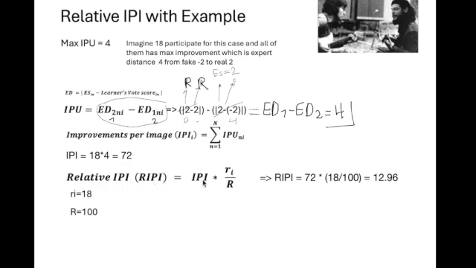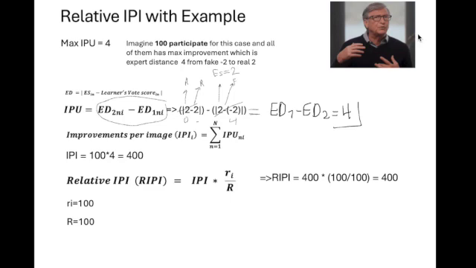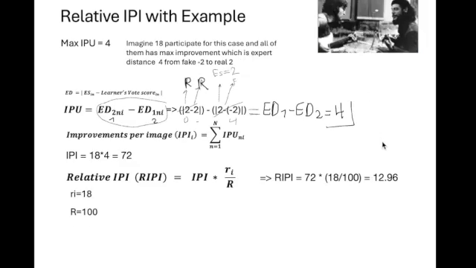For relative improvement, we divide the number of participants for these cases by the maximum participants for a specific case. For example, in this example, Bill Gates has the maximum participants, all of the participants participated.